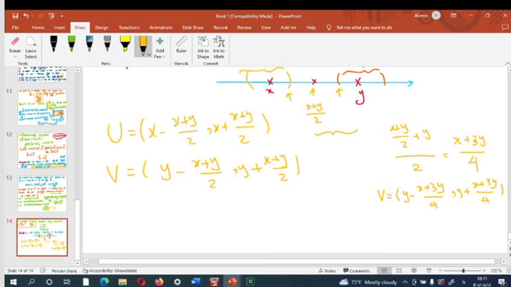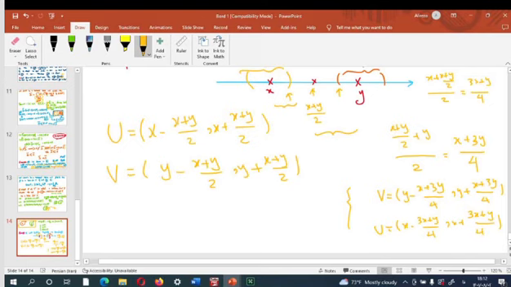And also the center of this, x plus (x plus y) divided by 2, which is (3x plus y) divided by 4, and you can consider U as (x minus this, x plus this), and many other U and V.